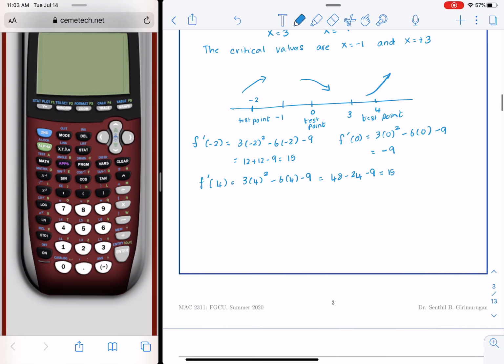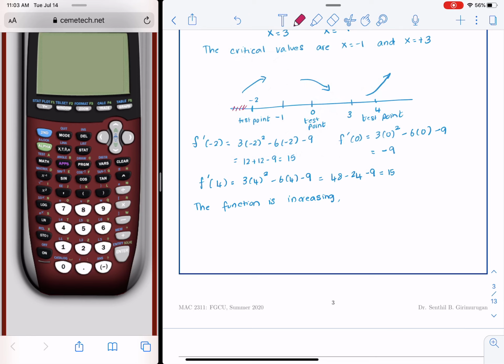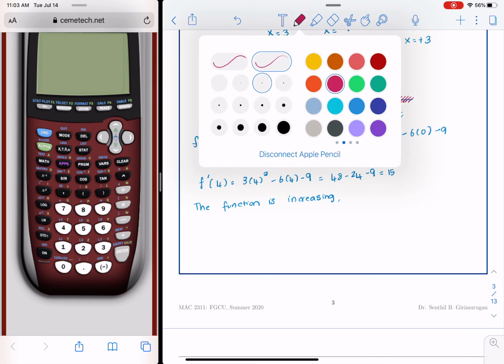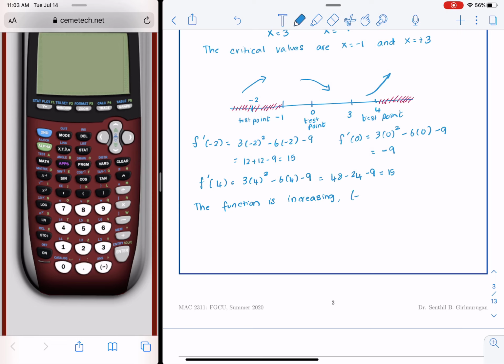So where is the function increasing? The function is increasing on that interval and on that interval. So negative infinity all the way up to negative 1.